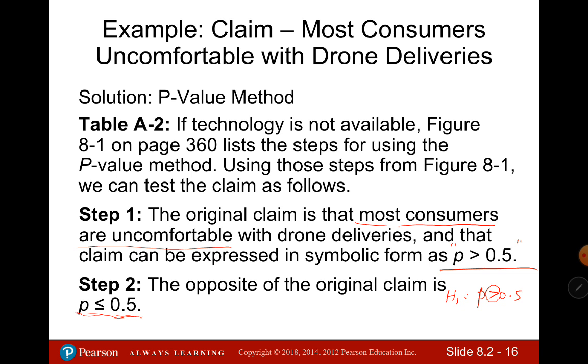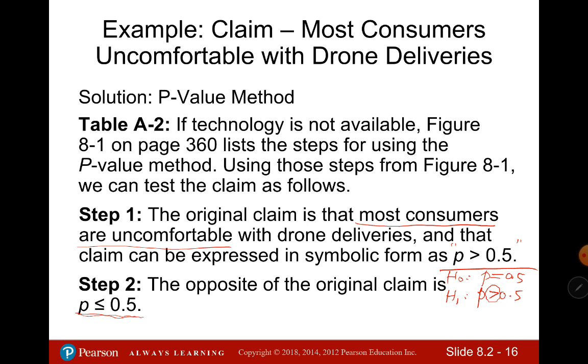For the null hypothesis, the only possible sign is the equal sign. So I will use p equal to 0.5 as our null hypothesis. By this time, I've already listed the null and the alternative.